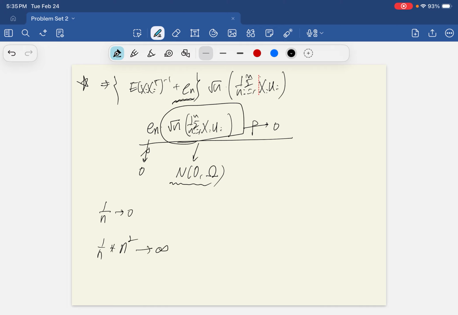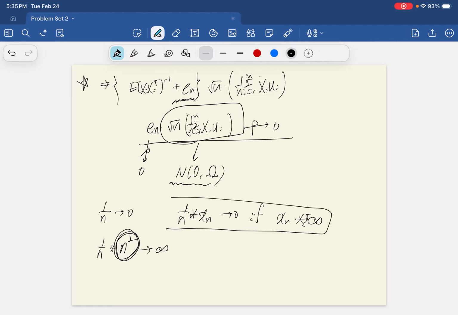So we have to make sure what we are multiplying. If you multiply 1 over n by, say, xn, it goes to 0 if xn does not diverge, or of course plus or minus.